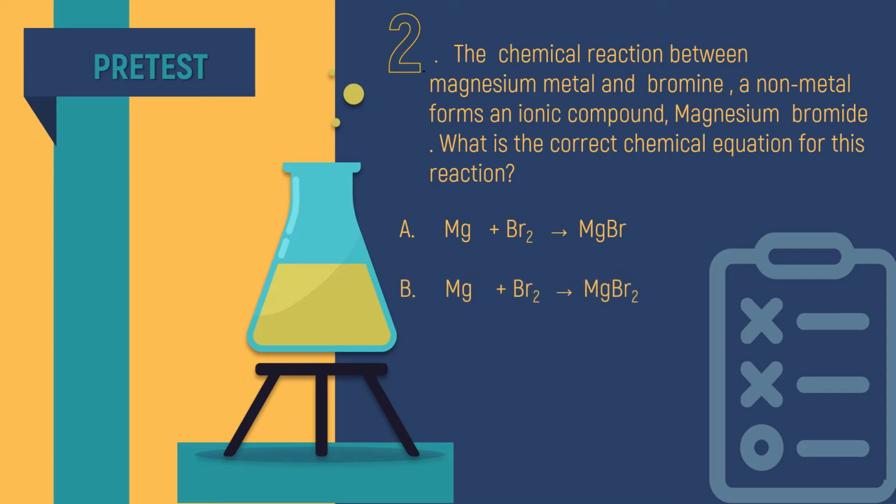B. Mg reacts with Br2 forming MgBr2. Letter C. Mg2 plus Br producing Mg2Br. Letter D. Mg plus Br producing MgBr.